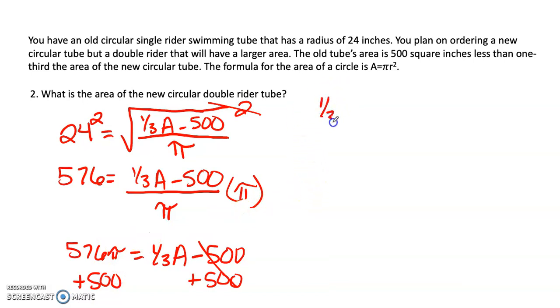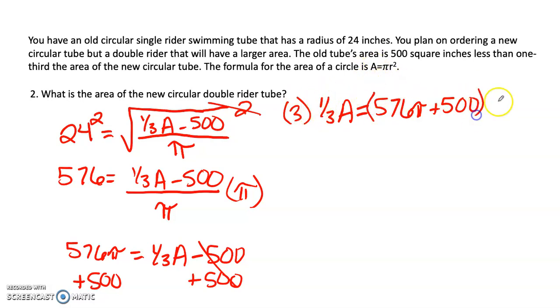Let me just rearrange this a little bit. So I've got 576 pi plus 500. Last but not least, in order to get rid of this fraction, this 1/3, I can multiply by its reciprocal. So I'm going to multiply by 3 on both sides, so this whole thing will be multiplied by 3.